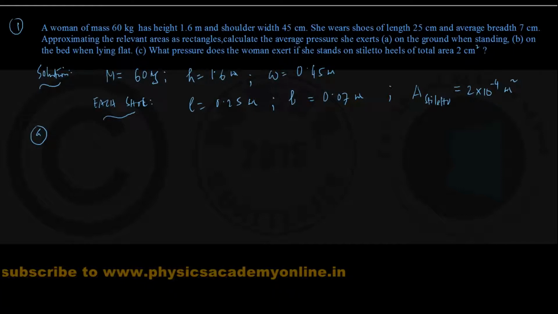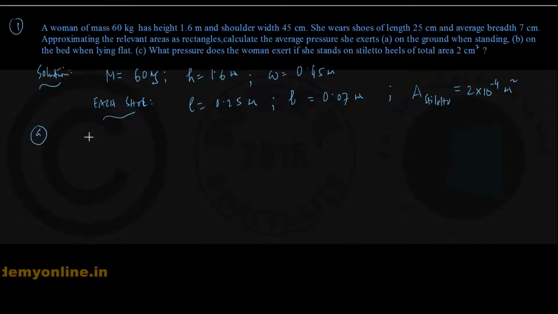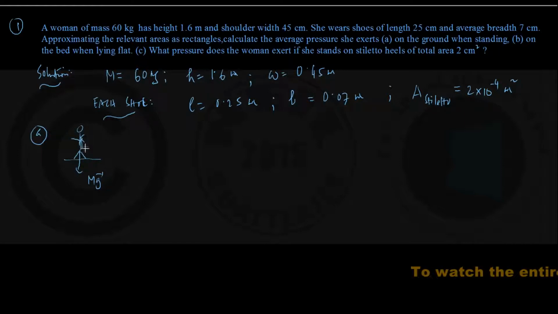Now, first of all, we know the definition of pressure. The average pressure is the normal force acting on a surface divided by the area of that surface. In this case, as the woman is standing on a horizontal ground, there is a force of gravity mg acting on her downwards, exerted by the earth, and the equilibrium of this person requires a normal force applied by the ground in the upward direction, which must balance this force of gravity.